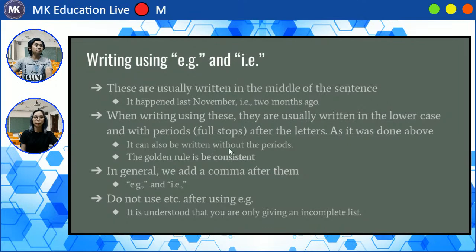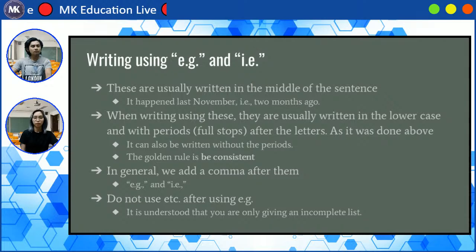It can also be written without the periods, so just eg without the periods. But usually in American writing, we see it with the periods. The golden rule is, when you're writing, be consistent. If you're writing with the periods, keep at it and use the periods throughout your writing. If it is without the periods, then it should be that way for your entire writing.